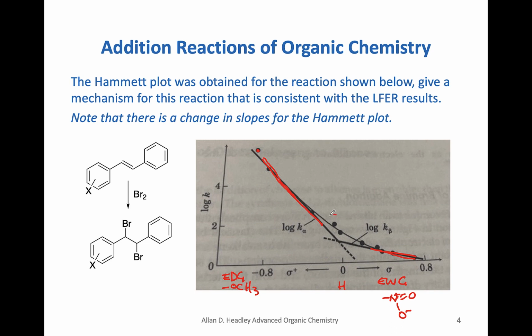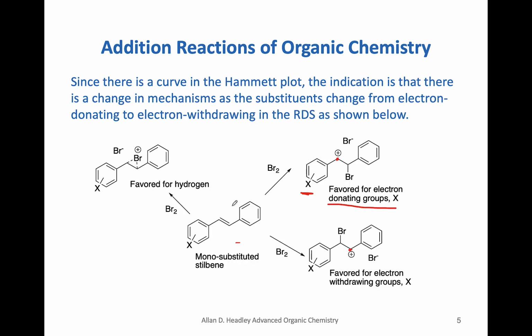So right in here, that's where there's not a big effect of the electron donating groups or the electron withdrawing groups. So we could look at this type of intermediate here, where this could be hydrogen, for example, as the bridged intermediate, where this carbocation here is stabilized by the bromine.